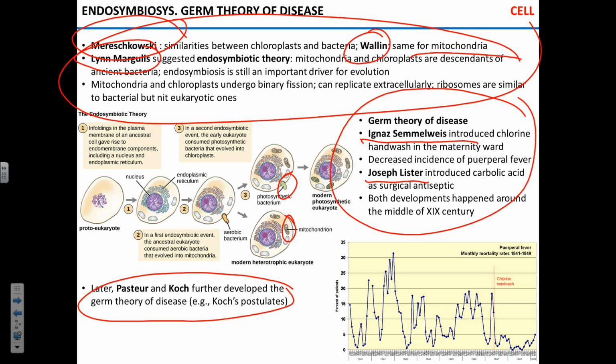Endo, what does that mean? Inside. Endo means inside. Symbiont, something that lives together with the host. So it's something that lives in the host. What was the advantage of that endosymbiosis for the host, for the first very, very ancient eukaryote?